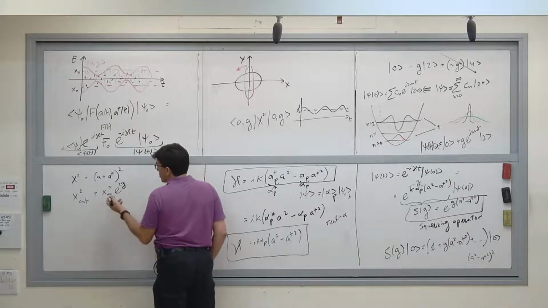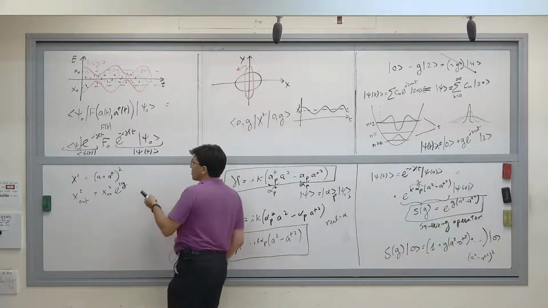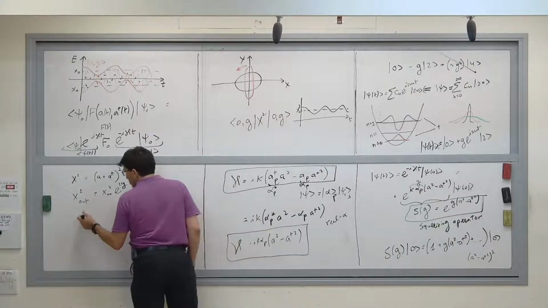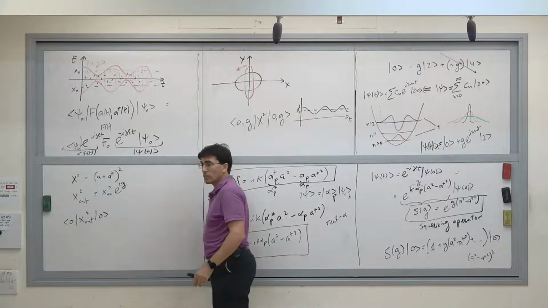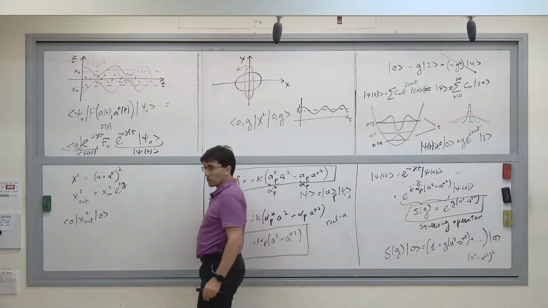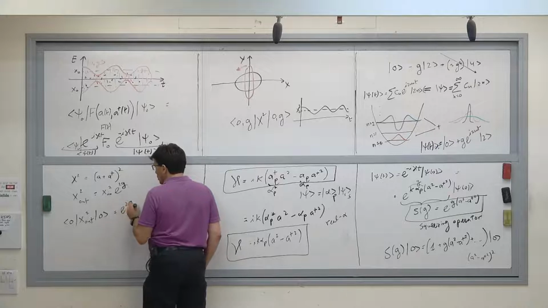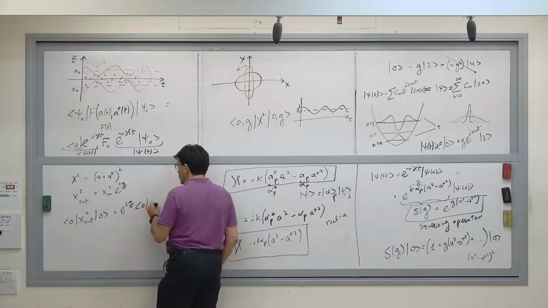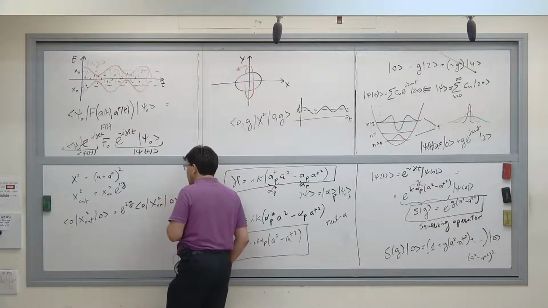And clearly, from just writing it like that, there's nothing to calculate, because x out squared operating on vacuum, this is the Heisenberg picture kind of image, is e to the 2g of 0 x in squared operating on the vacuum.